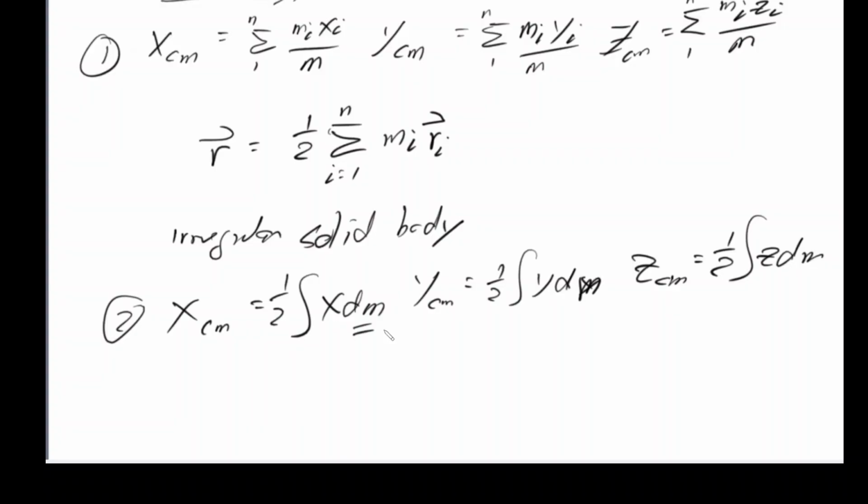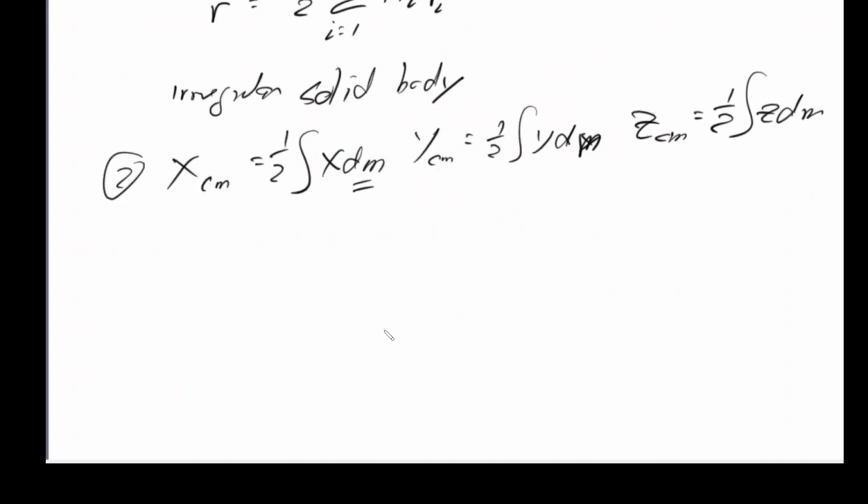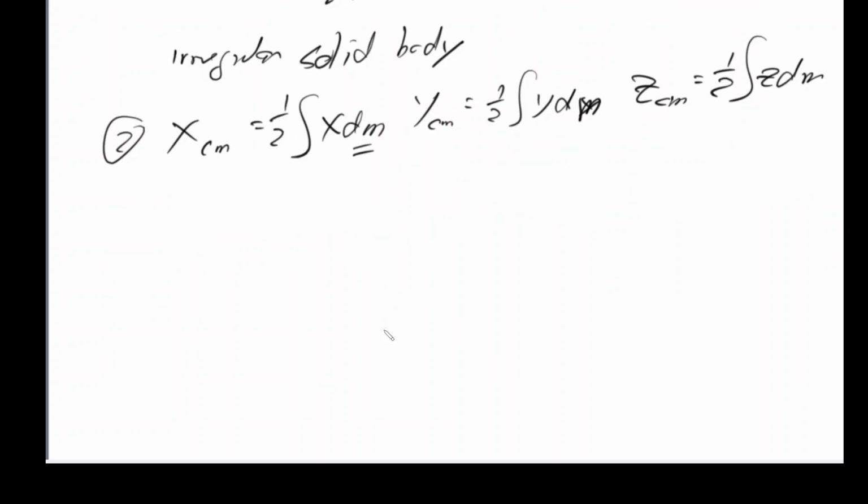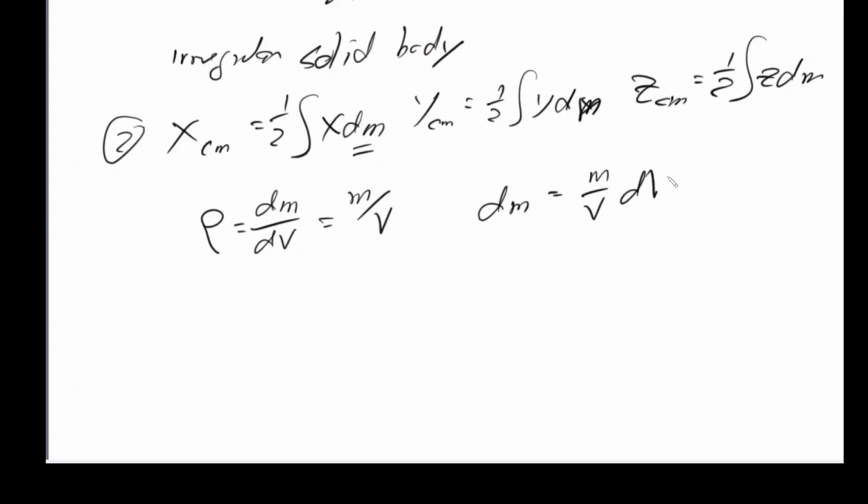Now if we have a uniform body, an object that has constant density throughout, we can use that to find the center of mass. So density, or rho, is equal to the mass per unit volume, or m over v, where v is volume. And if we solve for dm, we get dm is equal to mass over volume times dv, the change in volume.